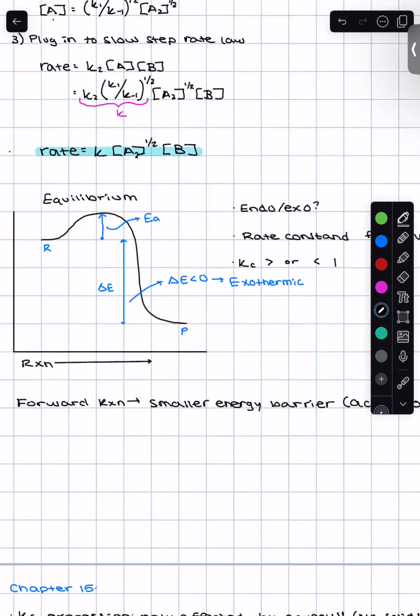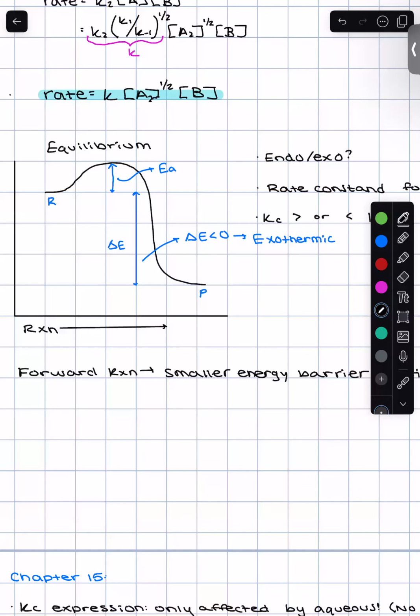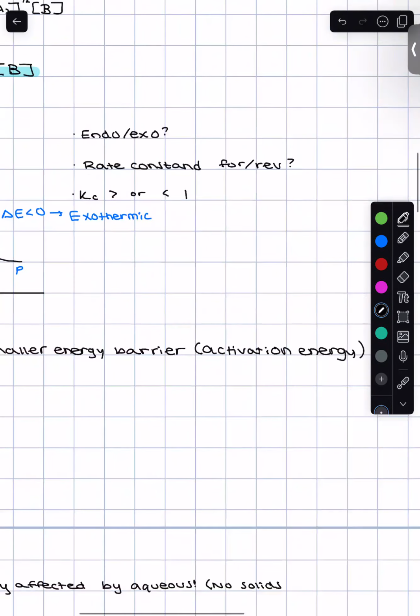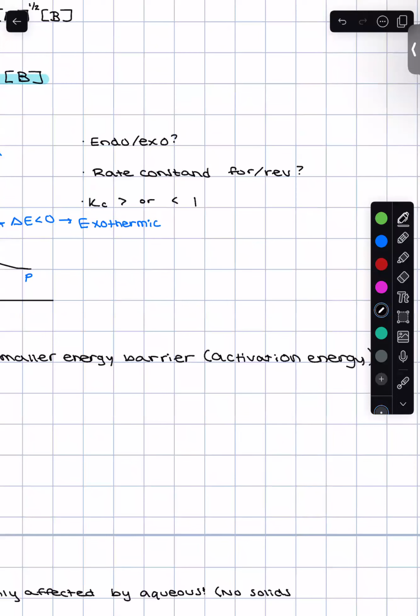So if I'm telling you that the forward reaction is predominating, is Kc going to be a lot greater than 1 or a lot less than 1? Less. Why less?